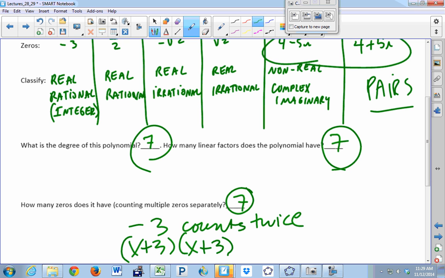So now you can change that to say whatever the degree of your polynomial is, that's exactly how many zeros you have. Some of them may not be distinct. You might count them more than once. And that's how many linear factors you can have. So it's all equal to n now because we're dealing with both real and non-real zeros.